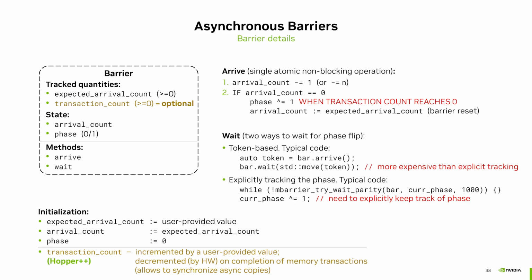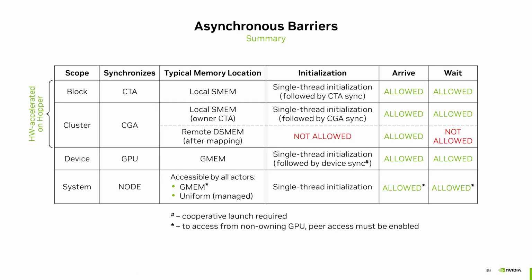Okay, so before I introduce scopes in the memory model part, this table summarizes barriers with respect to different scopes. The most interesting two are block and cluster barriers, because they are hardware accelerated on Hopper when placed in shared memory. And here I want you to note some restrictions on the barrier operations. So for cluster scope barriers, each barrier can be looked at as a local barrier, which means that it's located in a local shared memory owned by a CTA, or after you map it from a neighbor, it can be looked at as a remote barrier.